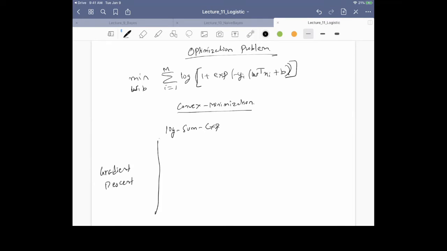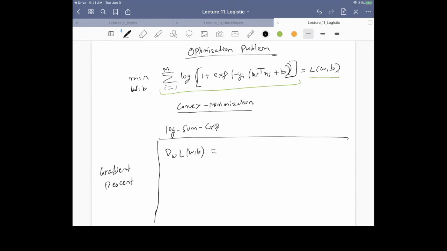If you define this term to be L of w comma b, then we care about the gradient with respect to w of L of w comma b.